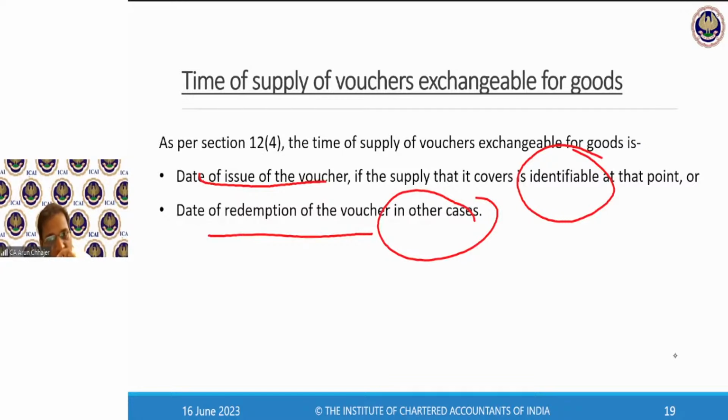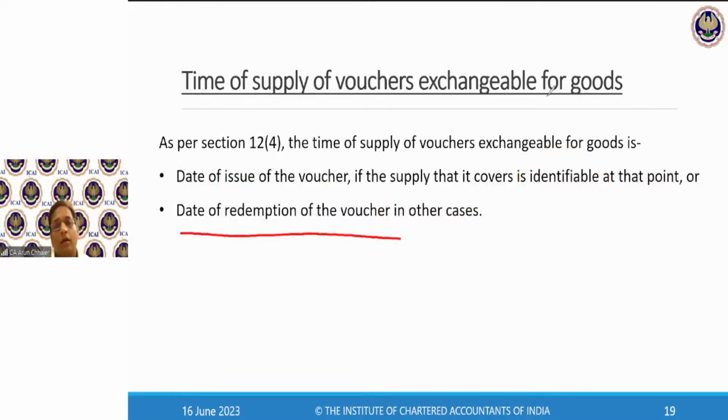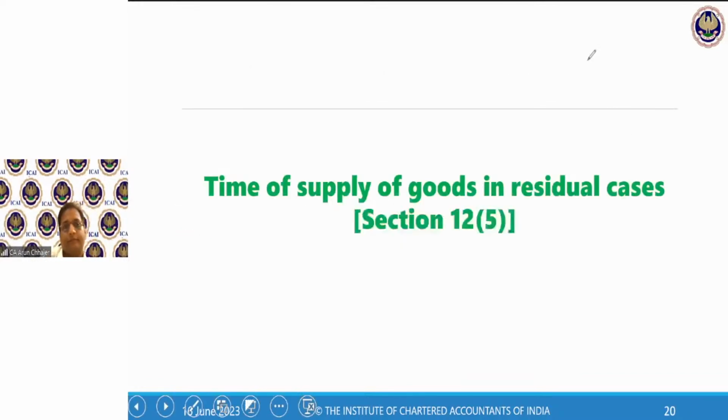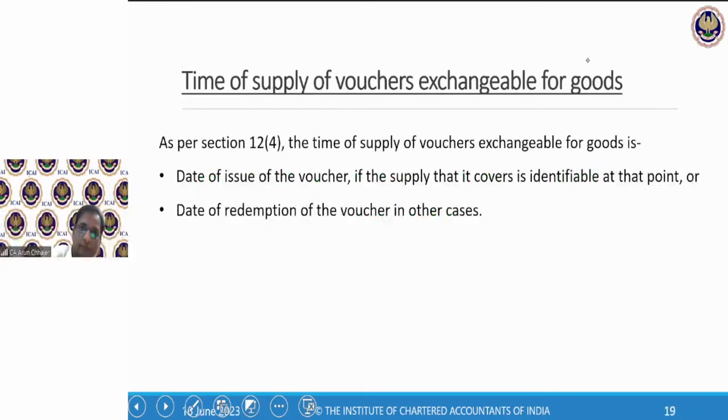So it means when you have issued the voucher, but it is not identifiable which item is going to get redeemed on redemption, it may be any item. In that case, the date of the redemption of the voucher would be the time of supply.